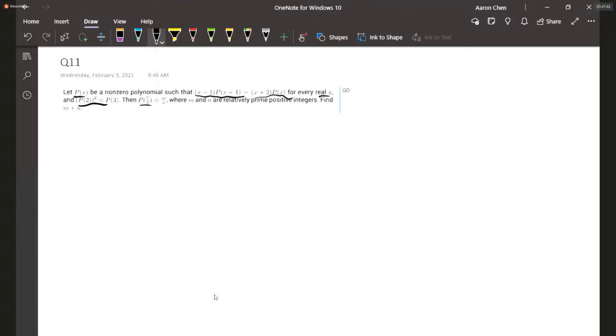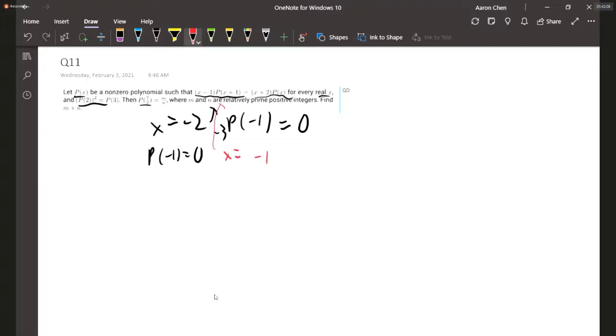So first of all, if you plug in x equals -2 into here, you have that -3 p of -1 equals 0. And so p of -1 equals 0. Then you can plug in x equals -1 into here.